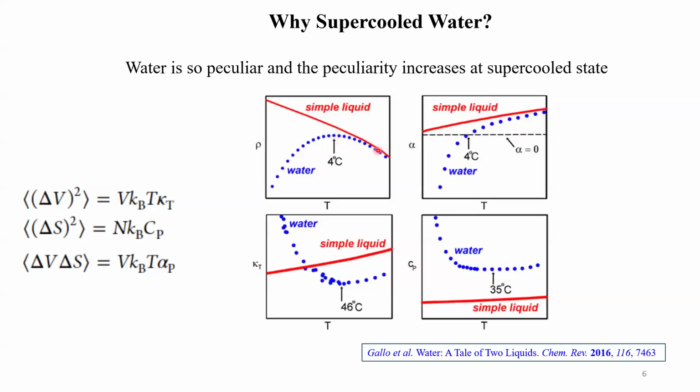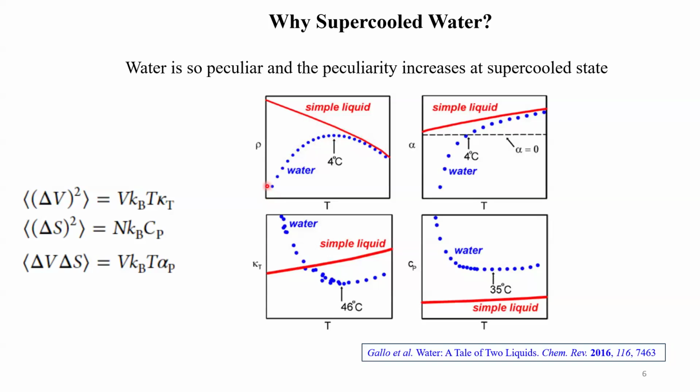For a simple liquid, with decreasing temperature the density should increase, but for water, it goes through a maximum and then decreases again. If you extend it, it is possible to see that density will again increase below a certain temperature. So what is the reason behind it?